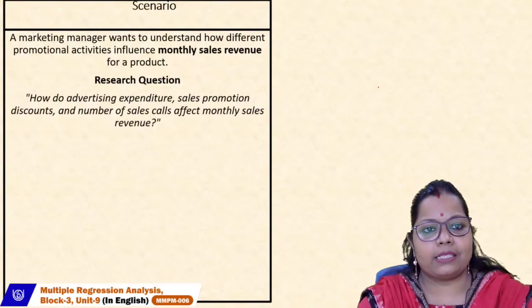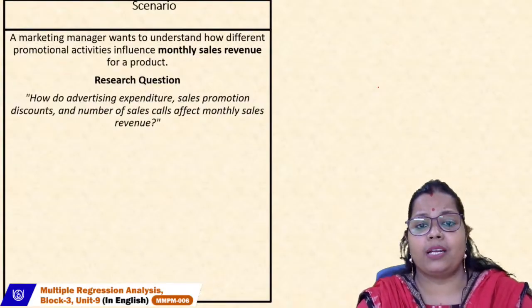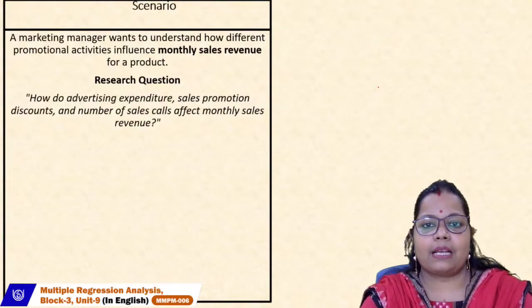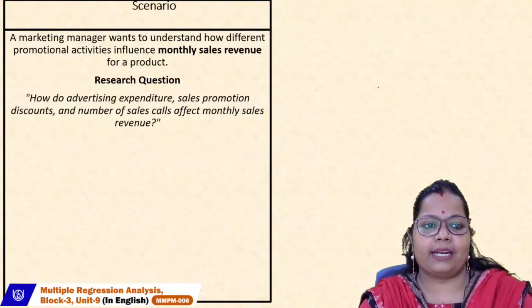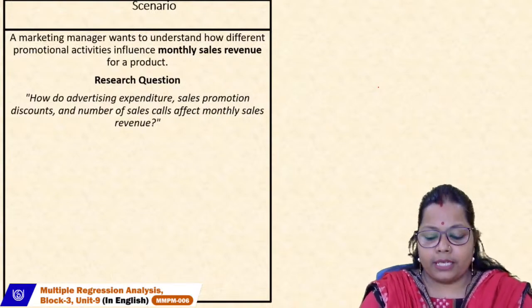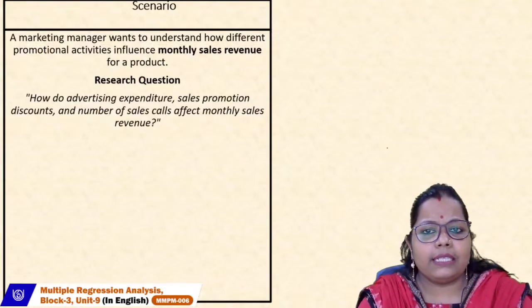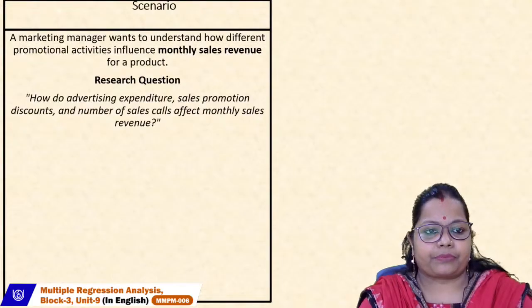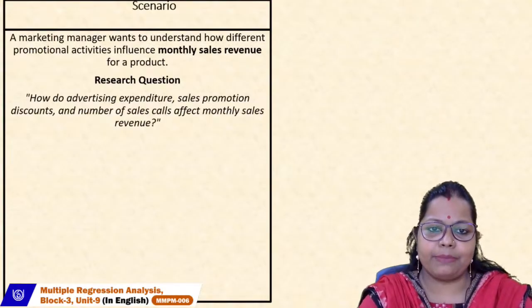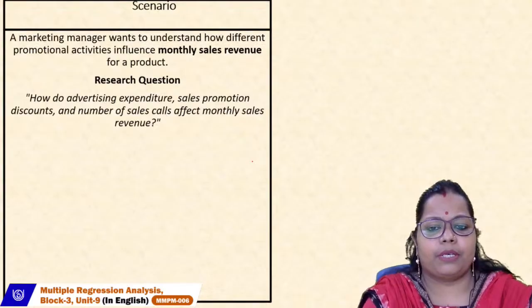So here, in this particular situation, the marketing manager wants to understand how different promotional activities, which is a combined thing, influence the monthly sales revenue of a product. We can see who the independent variables are over here, and what the dependent variable is. The dependent variable is clearly mentioned at the end, that is monthly income.